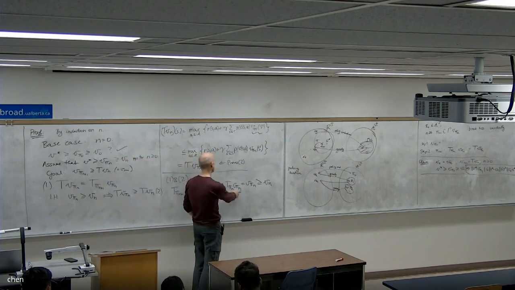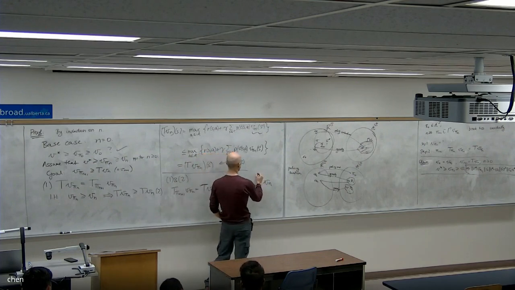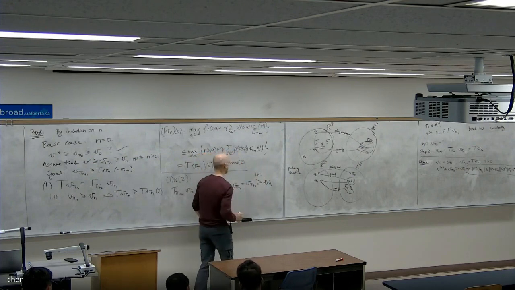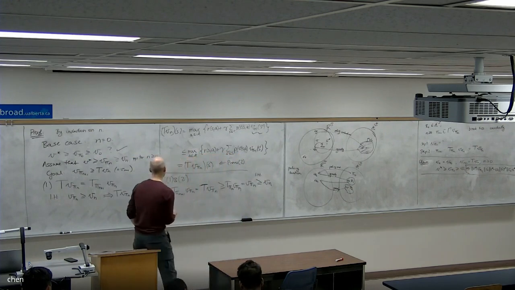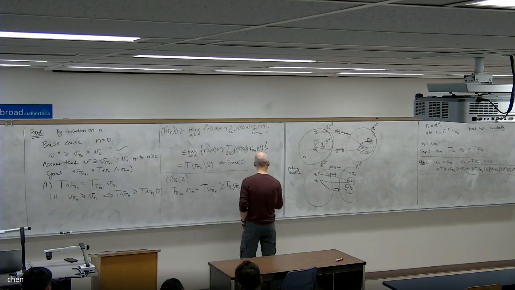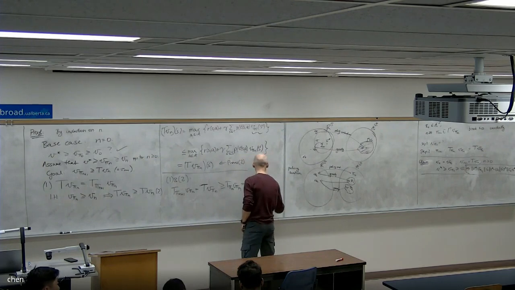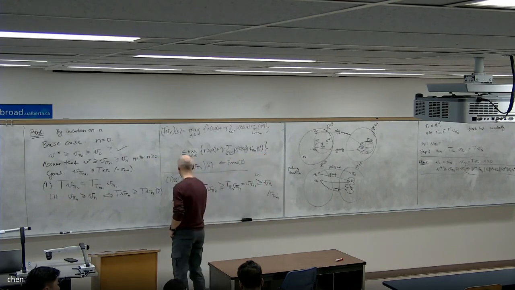And then we know that V pi n is the fixed point of T pi n. So this inequality holds, and this was the induction hypothesis. And so now you can apply T pi n plus 1 to both sides. So you apply T pi n plus 1 to both sides.